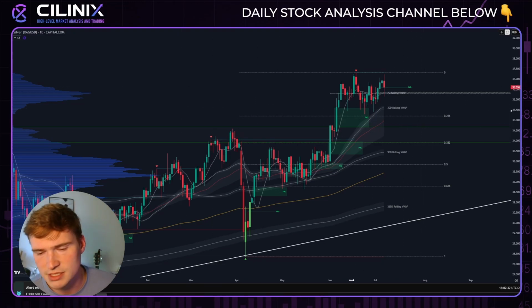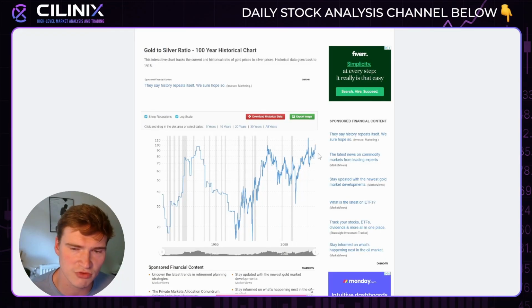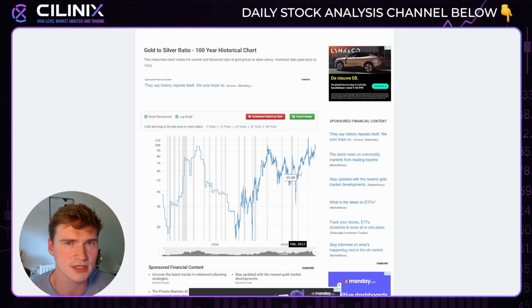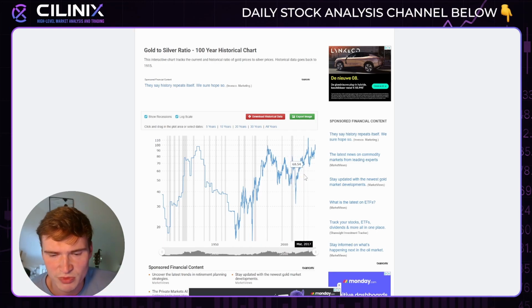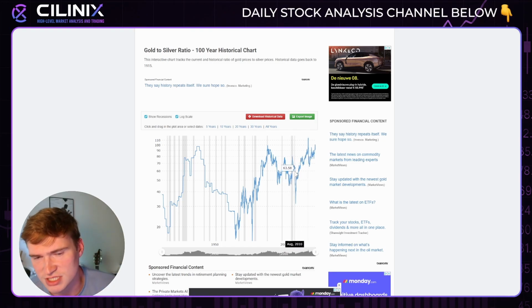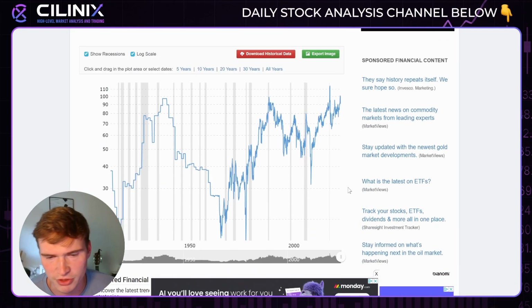Outside of that, and this is perhaps a strange thing, if you take a look at the gold to silver ratio, you can see that it's very high. For the majority of the time between 1990 and 2017, although I could argue 2020, the average has been around 60 to 70 for this gold-silver ratio, which hopefully you can see.